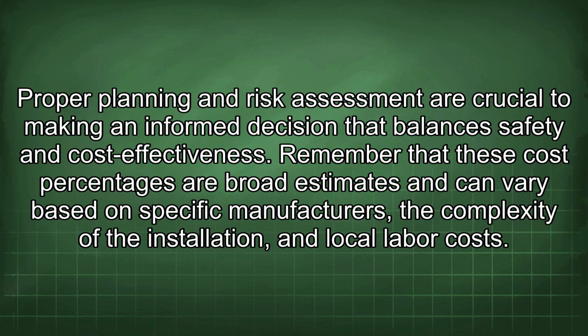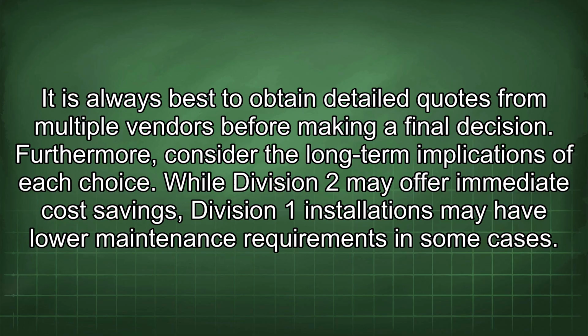Proper planning and risk assessment are crucial to making an informed decision that balances safety and cost effectiveness. Remember that these cost percentages are broad estimates and can vary based on specific manufacturers, the complexity of the installation, and local labor costs. It is always best to obtain detailed quotes from multiple vendors before making a final decision.